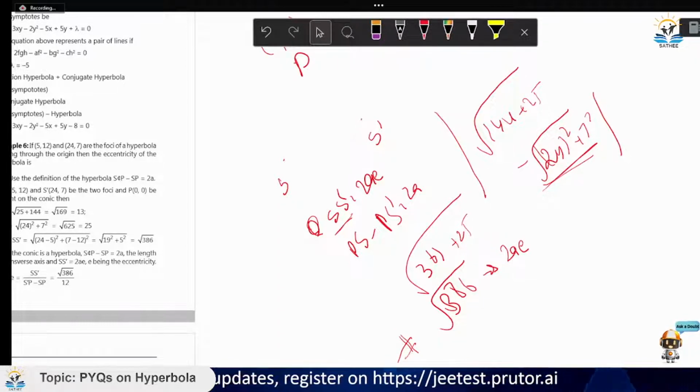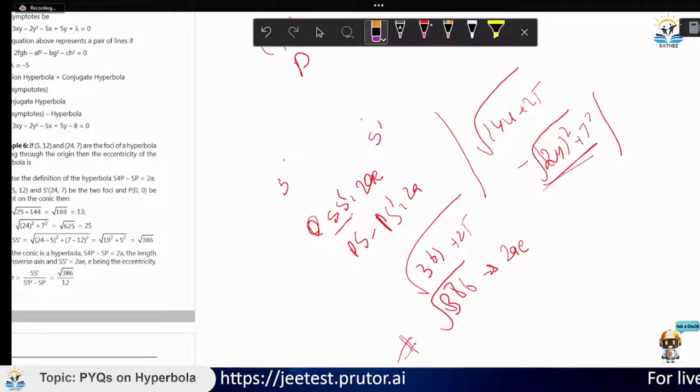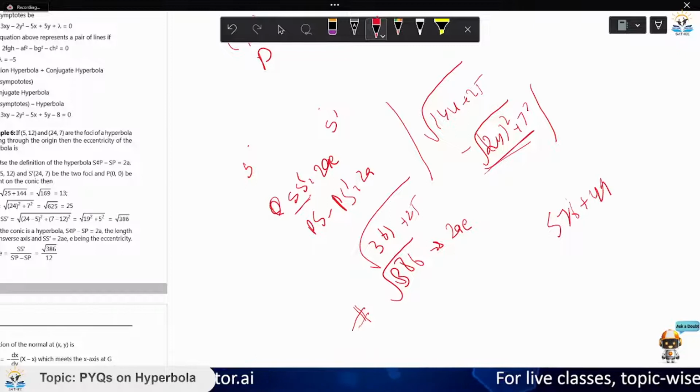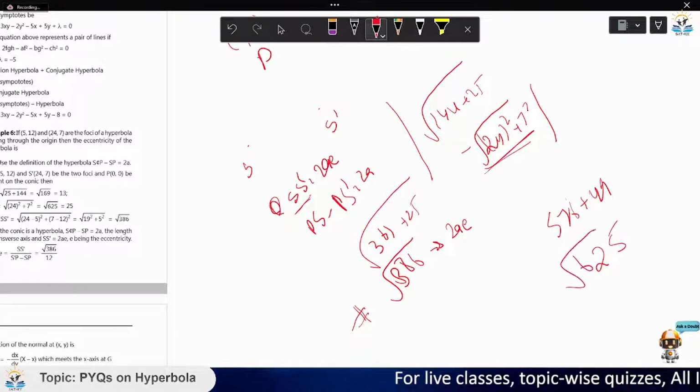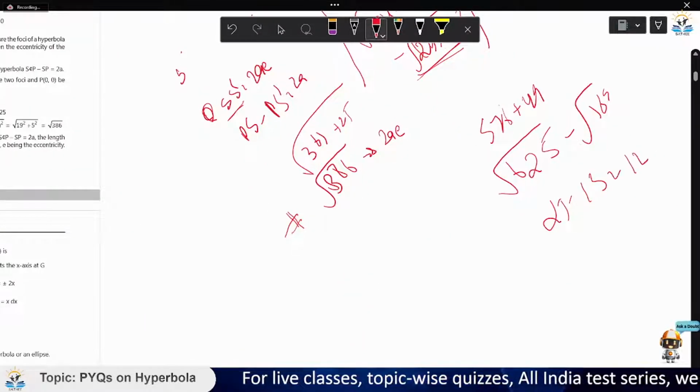I'm using a calculator, guys, I'm really sorry; my calculating skills have been really bad these days. What we are left with is 576 plus 49, which is root of 625, minus root of 169. We know the answer: 25 minus 13 gives me 12.